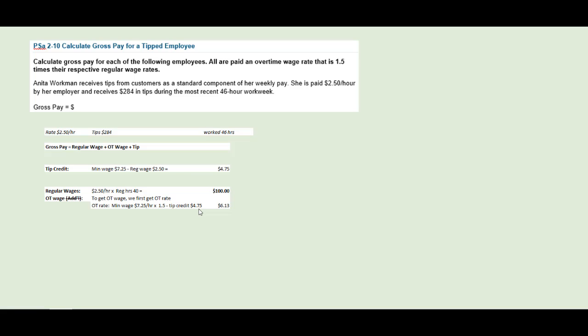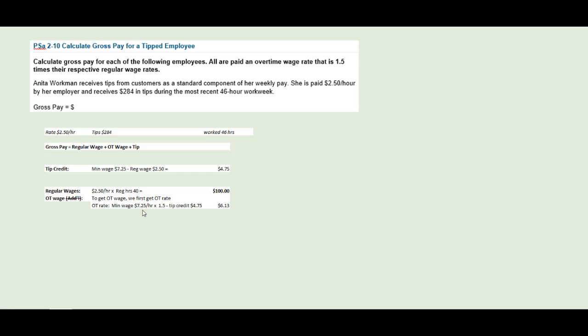So this credit is the amount that the employer is getting, meaning that the employer is not having to pay this out, because the employer is paying $2.50 per hour, which is less than the minimum wage.